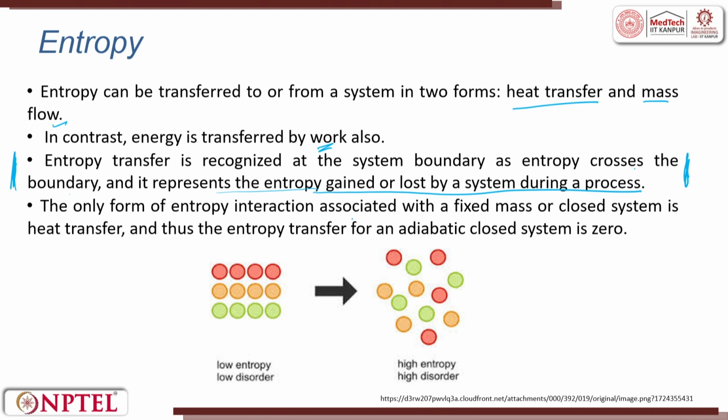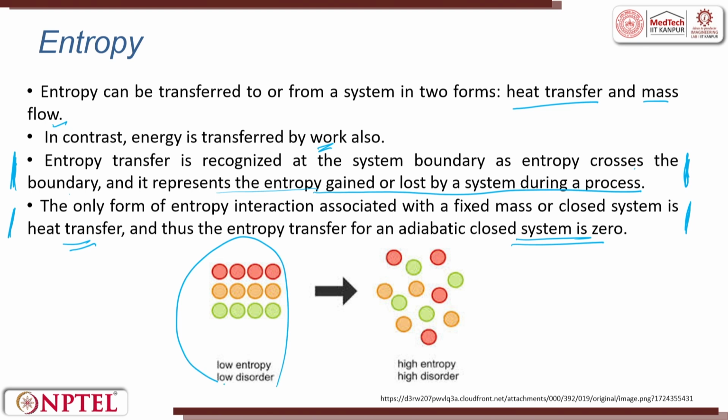The only form of entropy interaction associated with a fixed mass or closed system is heat transfer, and thus the entropy transfer for an adiabatic closed system is 0. Important. The only form of entropy interaction associated with a fixed mass or closed system is heat transfer. For an adiabatic closed system, it is 0.